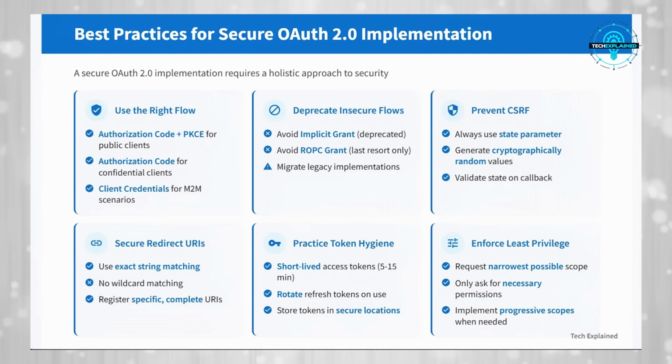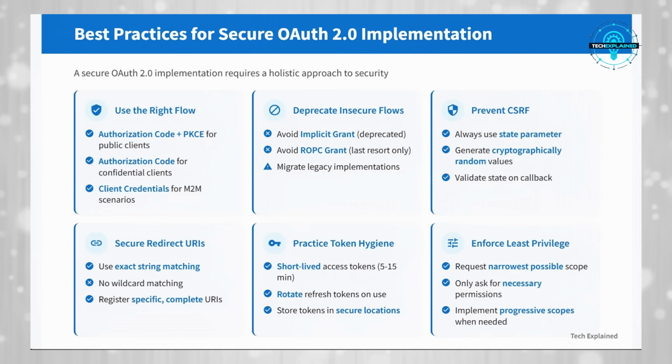Fourth, secure your redirect URIs. Use strict, exact string matching for redirect URI validation on the authorization server. Clients should register the most specific non-wildcard URI possible. This prevents attackers from intercepting authorization codes or tokens by manipulating redirect URIs.